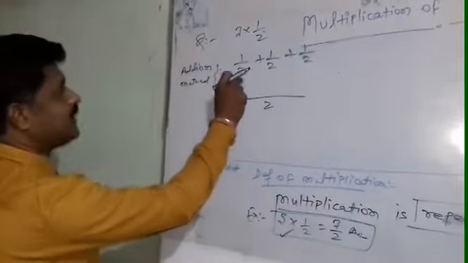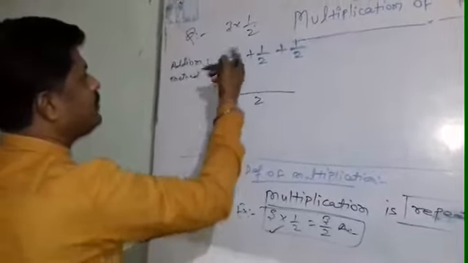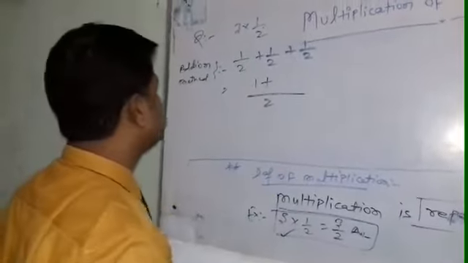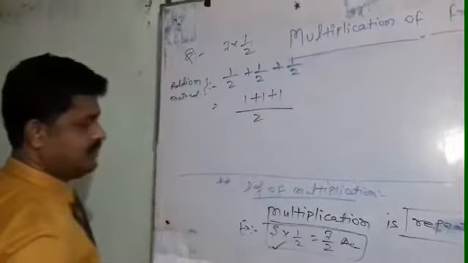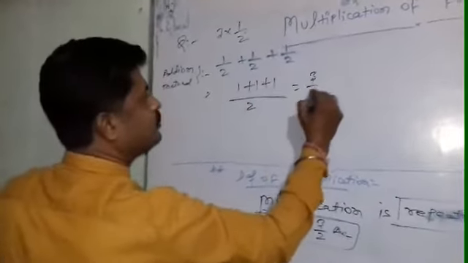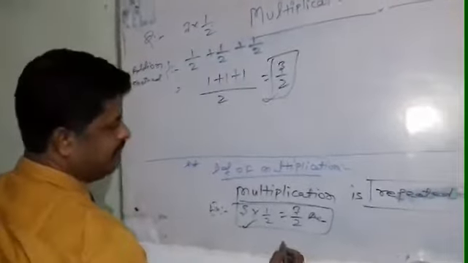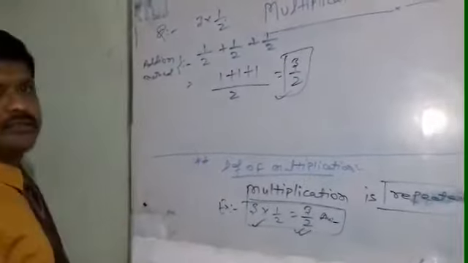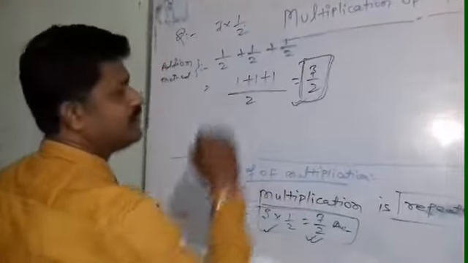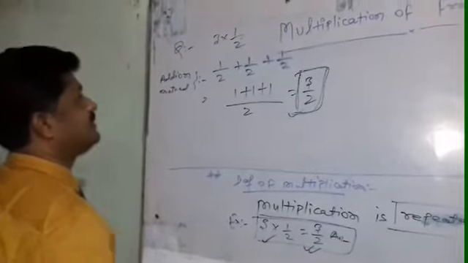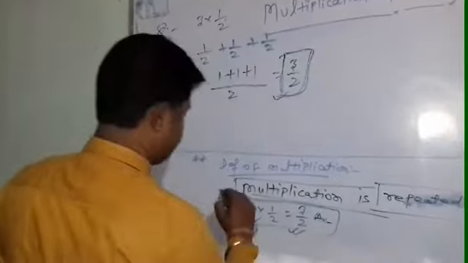Here 2 divided by 2 gives 1, plus 1, plus 1, we get 3 by 2. That means in the multiplication method 3 by 2 arises, and in the addition method 3 by 2 also arises. So we can say that multiplication is repeated addition.